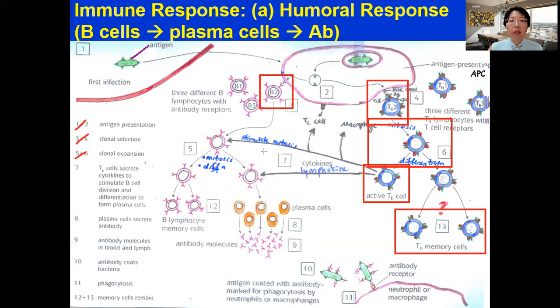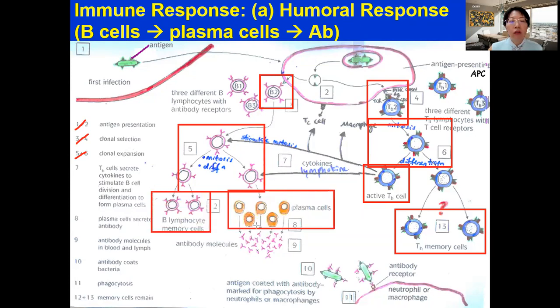Then the active T helper cell will secrete cytokine to stimulate the selected B cell to undergo clonal expansion. The selected B cell will divide and differentiate into the active cell, the plasma cell, and the B memory cell. So we have TH memory cells and B memory cells. The plasma cells will then secrete antibody.